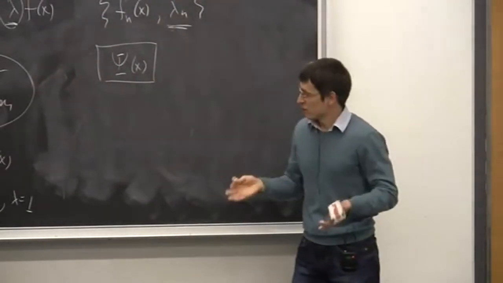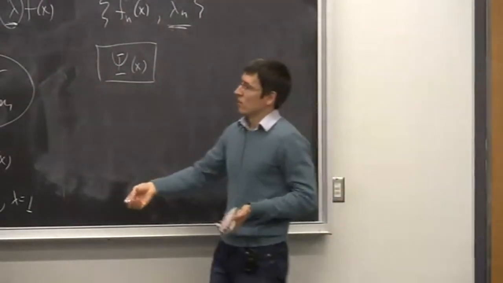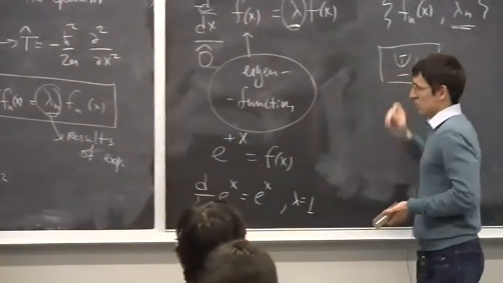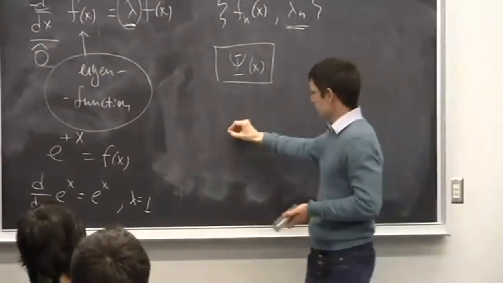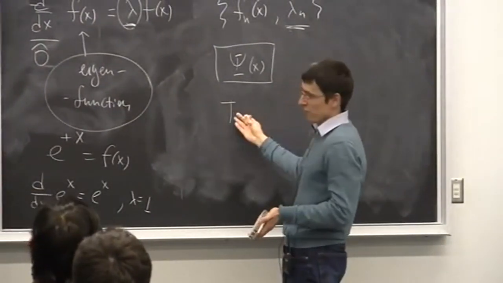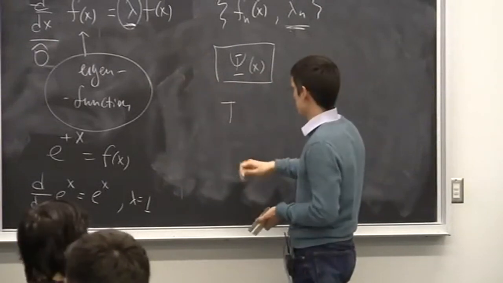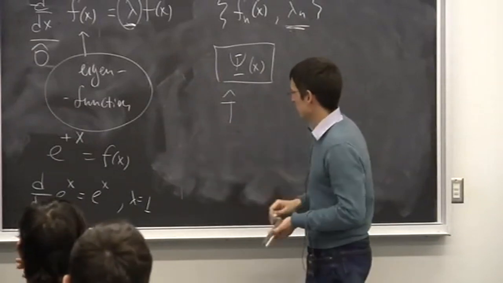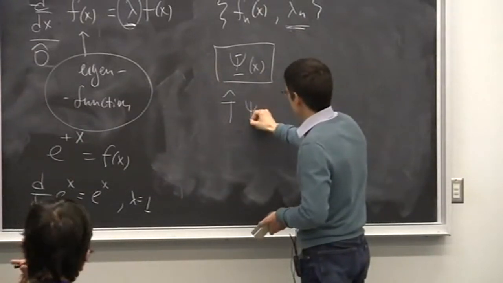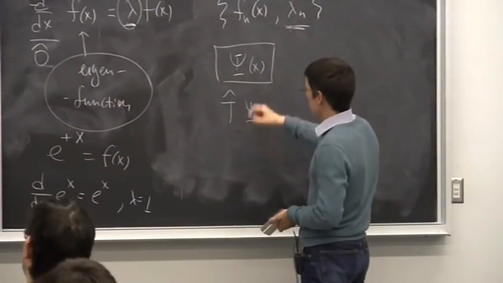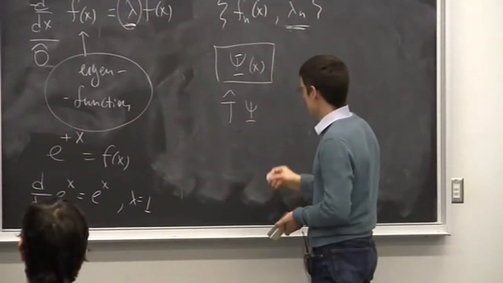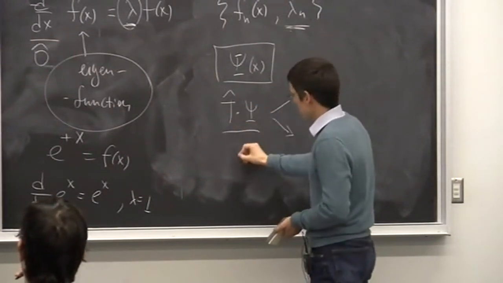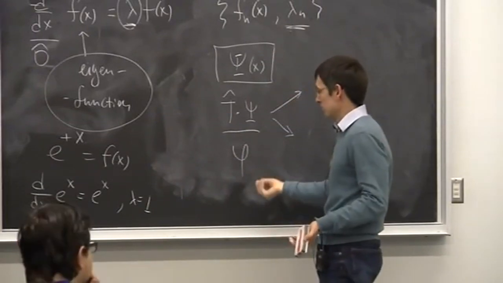And if we decide one day to study what is the kinetic energy of this object, then the first step is we define the operator. Say we decided to study kinetic energy, so the operator corresponding to that property is the kinetic energy operator. Then we act with this operator on a function of the system that we're interested in. And when we act with an operator on a function, we generally get another function, phi.